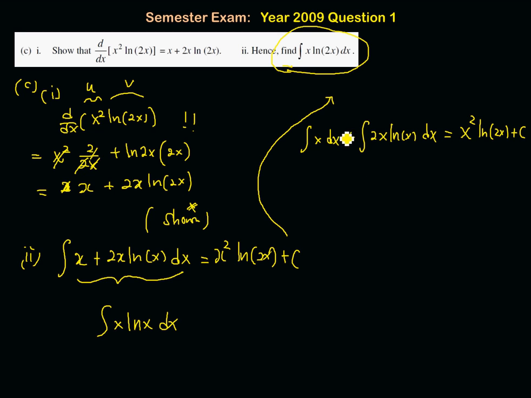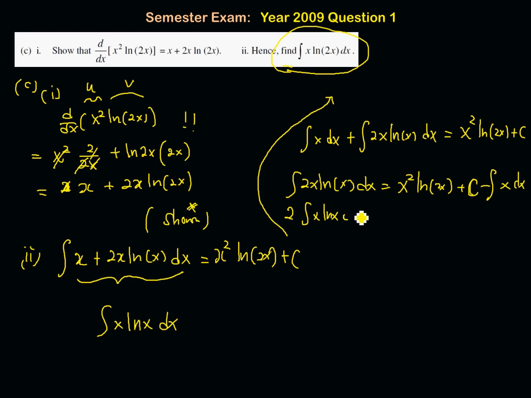And so I can perform the usual manipulation like algebra, right? And so this is what's going to happen. Plus c and minus this integral of x dx. Giving you an idea. What's this c here? And the 2 can be factorized in that manner.